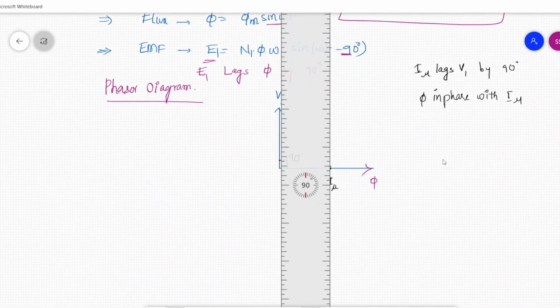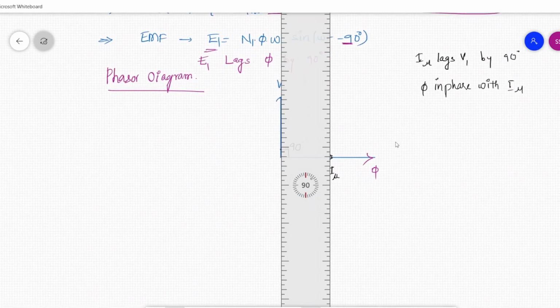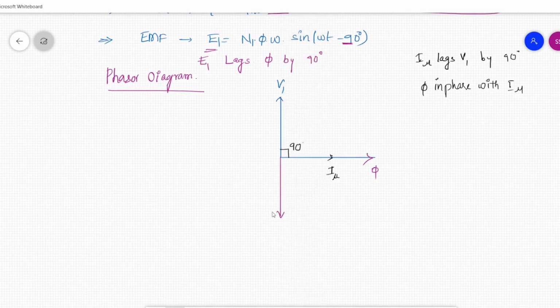So I'm going to draw E1 here, which is lagging the flux by 90 degrees. So this is our E1. The minus 90 I am mentioning here is this 90 degrees. Now you can see that V1 and E1 are opposite vectors, so I can say V1 equal to minus E1.